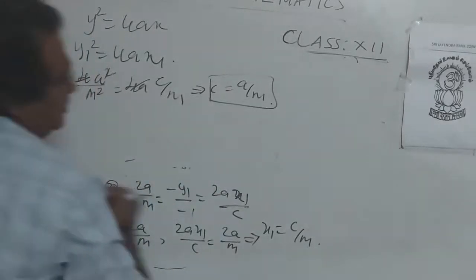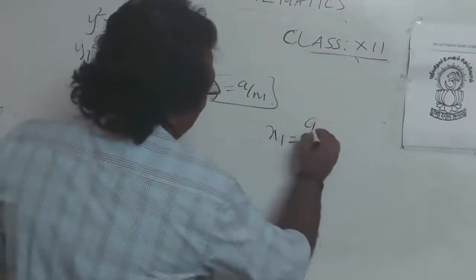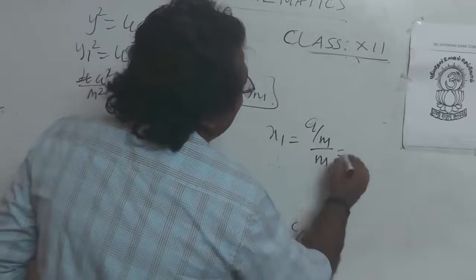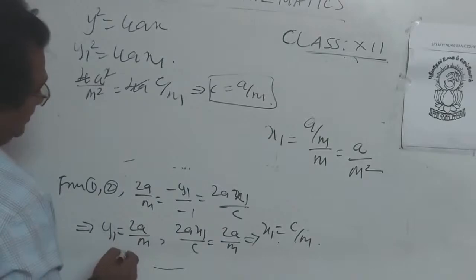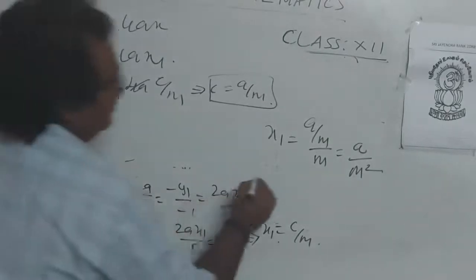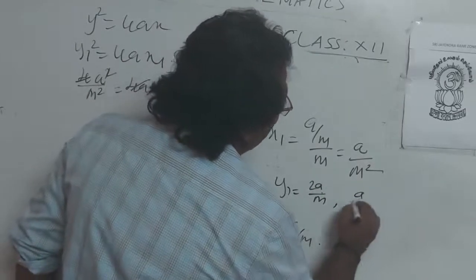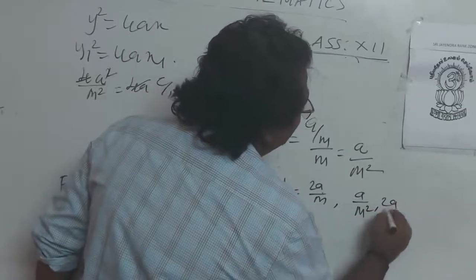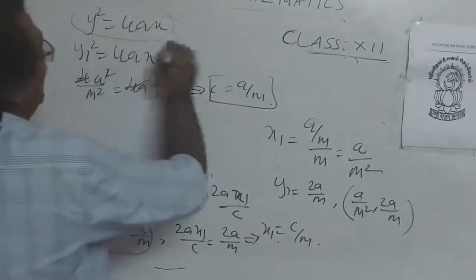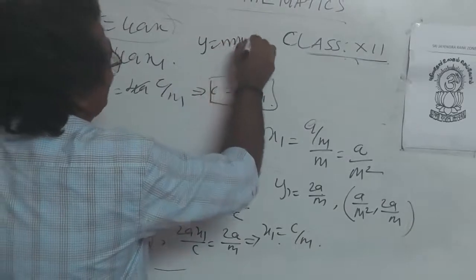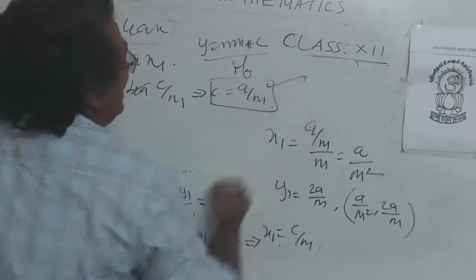So we know that x1 equal to c by m. In place of c you take a by m, a by m by m, that is a by m squared. Here we have y1 equal to 2a by m. That is the point of contact, a by m squared comma 2a by m. So for y squared equal to 4ax, y equal to mx plus c is a tangent if c equal to a by m.